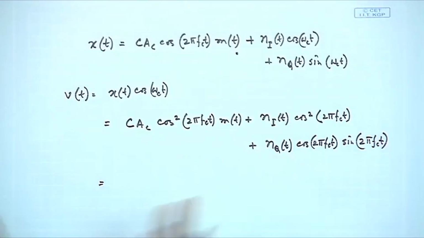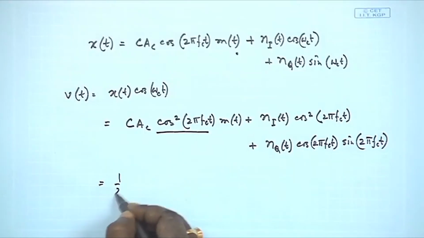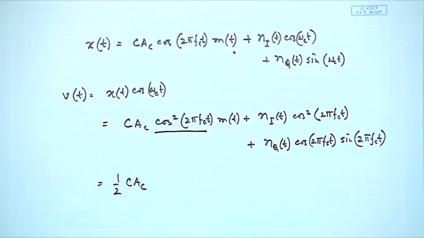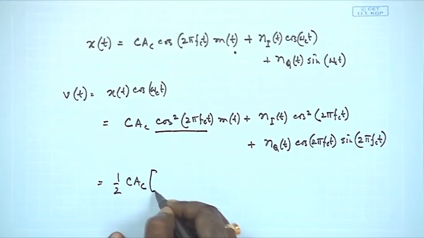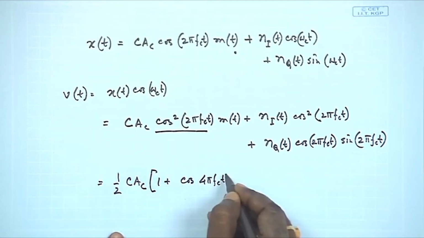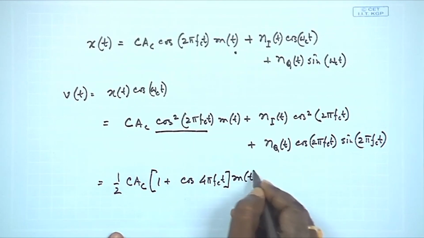Now, what will we do? We will pass it through a low pass filter. First of all, let us see which are the higher frequency terms. If I put a half A_c, cos square becomes 1 plus cos 4 pi f_c t, into m(t).